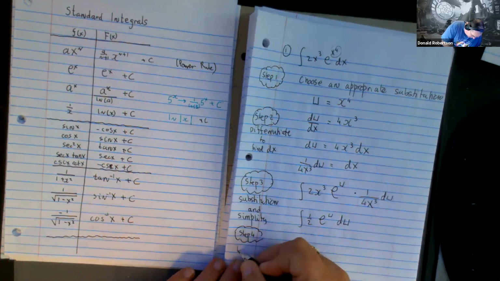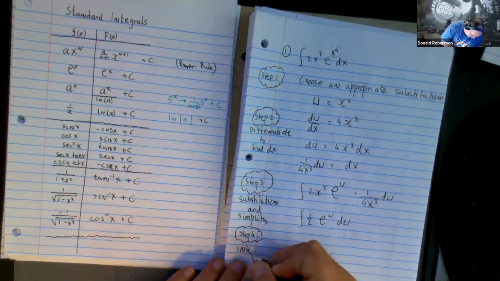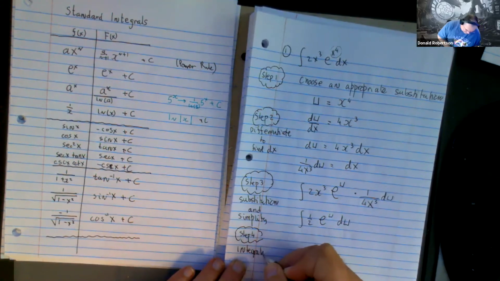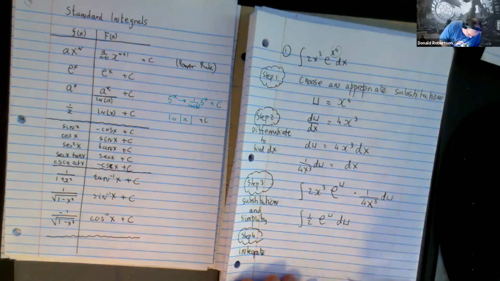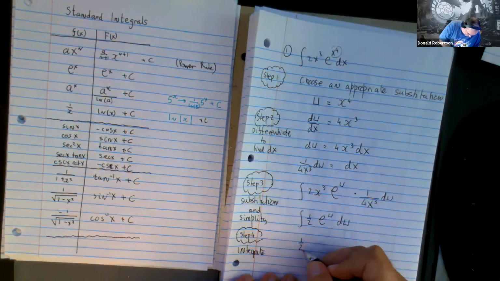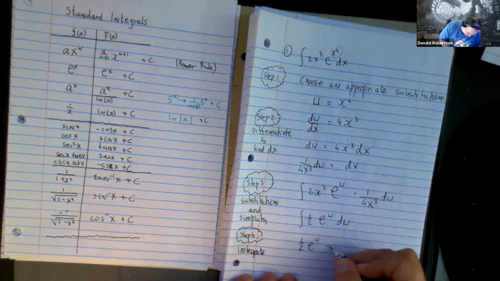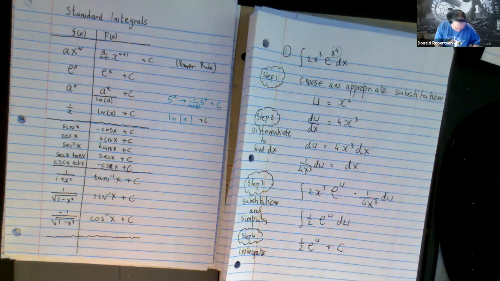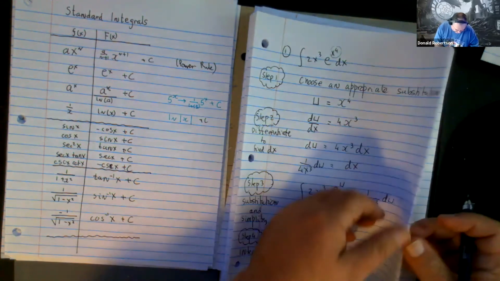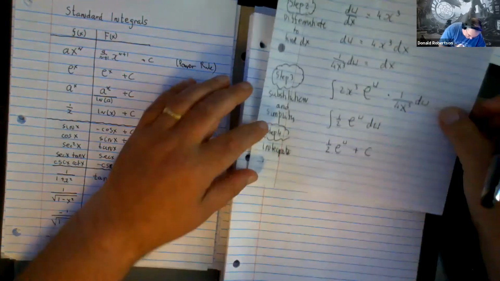And in step 4, you integrate. Well, if you want to integrate 1/2 e to the u, you will get the answer 1/2 e to the u plus c, because it's dead easy to integrate e to the u, isn't it? And now the final step.